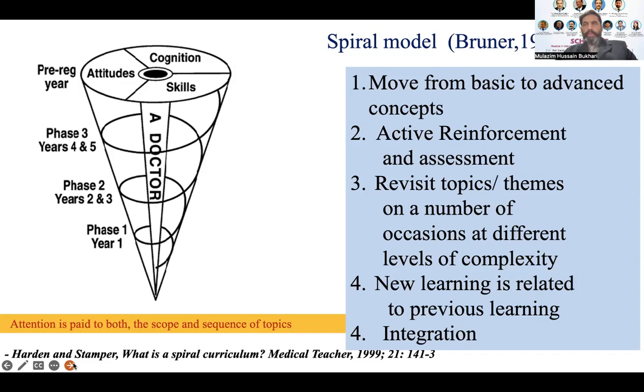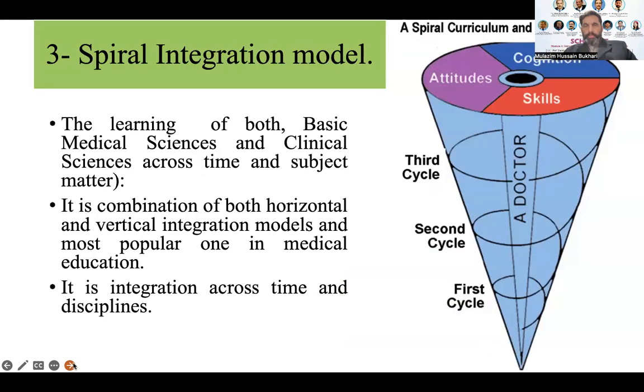And then the final years. In this way, the taxonomies of cognition and attitude move from basic concepts, with reinforcement and assessment. In this model, through the first, second, third, and fourth cycles, the learning of basic medical sciences, anatomy, physiology, biochemistry, pathology, pharmacology, community medicine, and preventive medicine, goes to clinical subjects like surgery, medicine, ENT, eye, and gynae, across time.